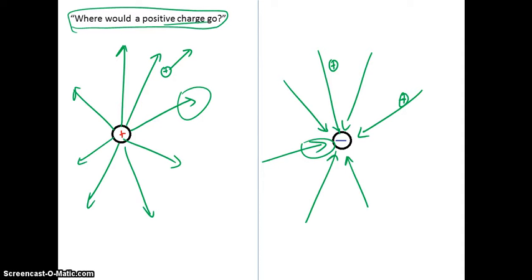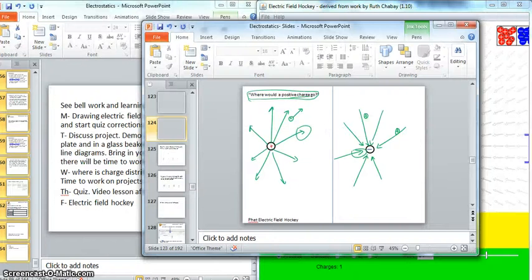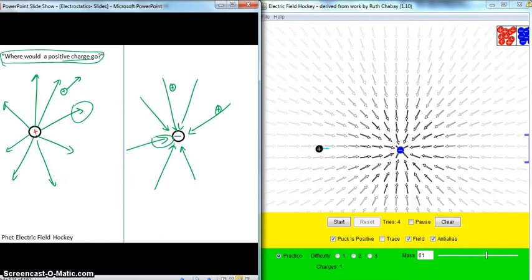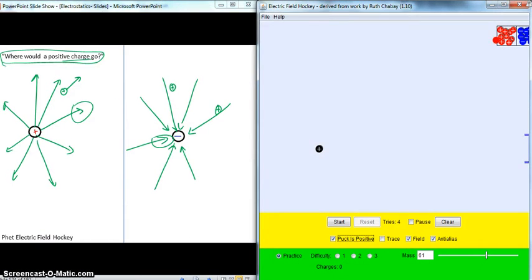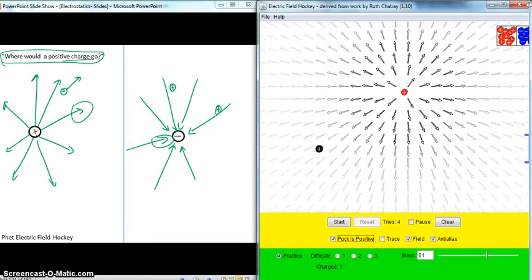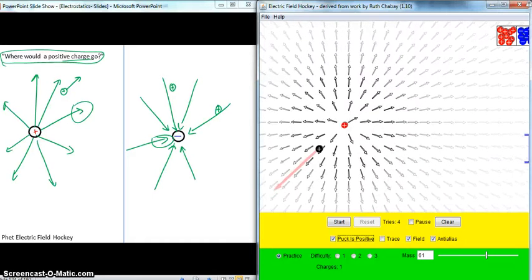So let's see what this looks like. Here I have a positive charge, and this positive charge creates an electric field around it. Notice if I move the charge, the field also changes. If I want to know which direction the arrows go, I ask myself, where would a positive charge go if placed around this object? Well, it would go away.